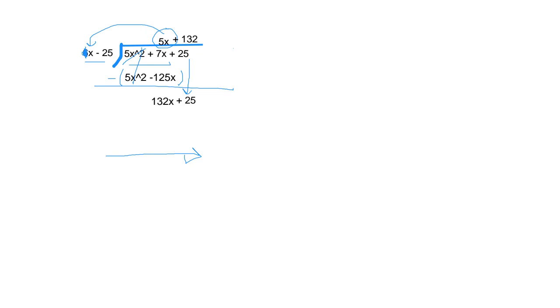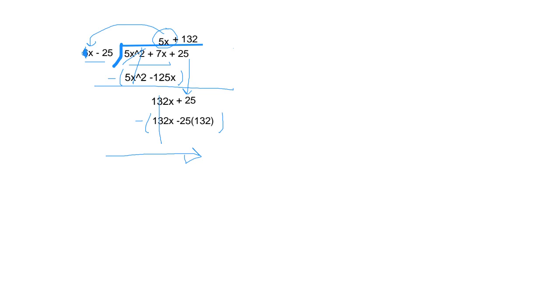Then negative 25 times 132 is a big number, so I'm going to just be lazy. Negative 25 times 132, whatever this is. But then I subtract again, with parentheses. So 132x subtract 132x is gone, becomes 0.